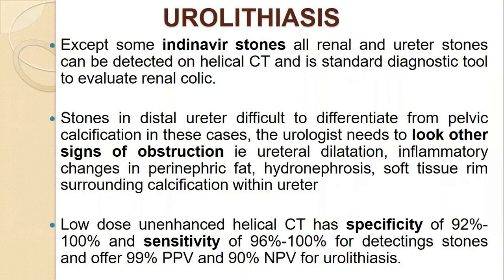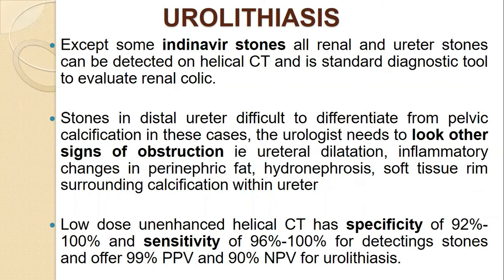Urolithiasis, important topic. Renal and ureteric stones can be detected on helical CT, a standard diagnostic tool to evaluate renal colic. Stone in the distal ureter is difficult to differentiate from pelvic calcification or phleboliths. The urologist needs to look for other signs of obstruction like ureteral dilatation and inflammatory changes in the upper tract.